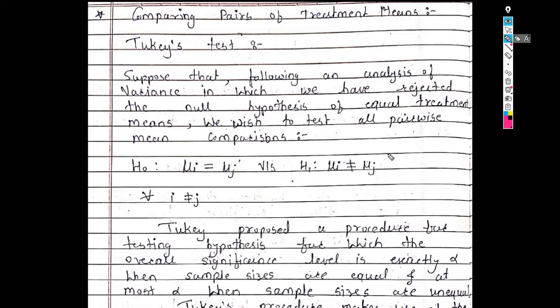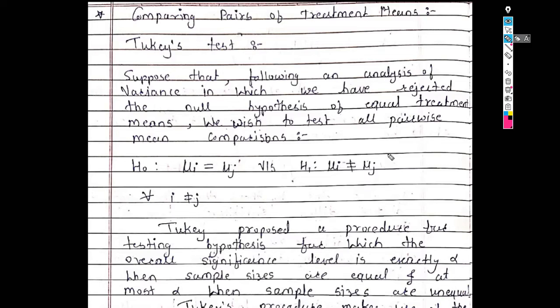Then in that case our interest is which two treatment effects differ significantly. To test the hypothesis that two treatment effects differ significantly, we use the t-test. But there is another test which we can use for the comparison of these two treatment means, and the test is Tukey's test.